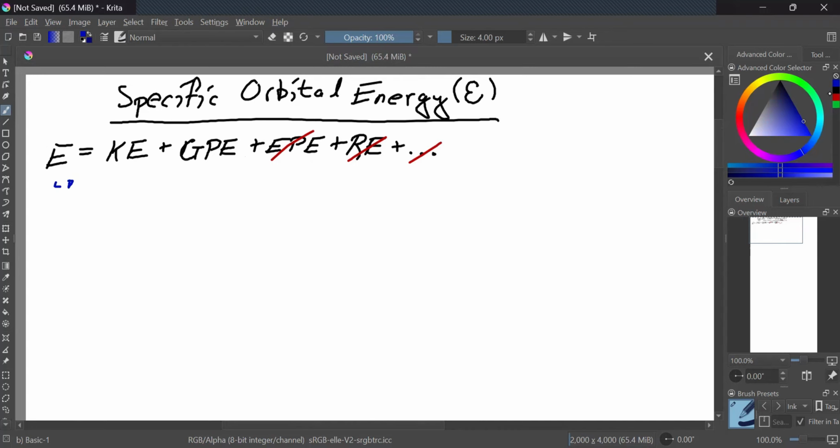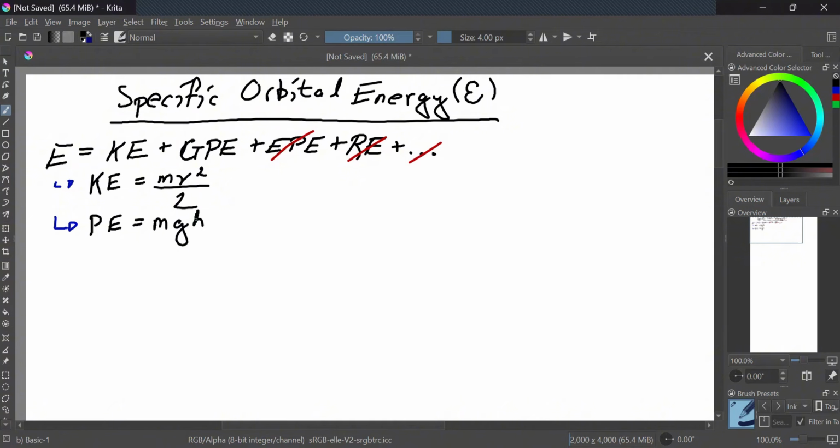individually. We're going to start with our kinetic energy term. If you remember from your Physics 1 days, that is going to be mass times velocity squared by 2. Simple enough. And then if we look at our potential energy, that should be mass times gravity times height.